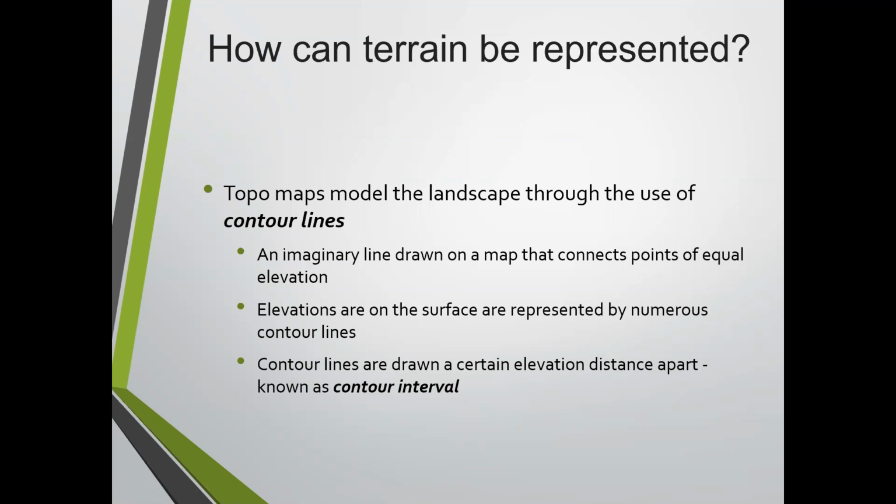And of course, the number of contour lines is going to be dependent on how intense the topography is or how flat it is. So you can have areas where it's very, very flat. You may only have 1 or 2 contour lines running through the entire map. But then you get into areas where it's much more hilly. You're going to have just a multitude of lines.